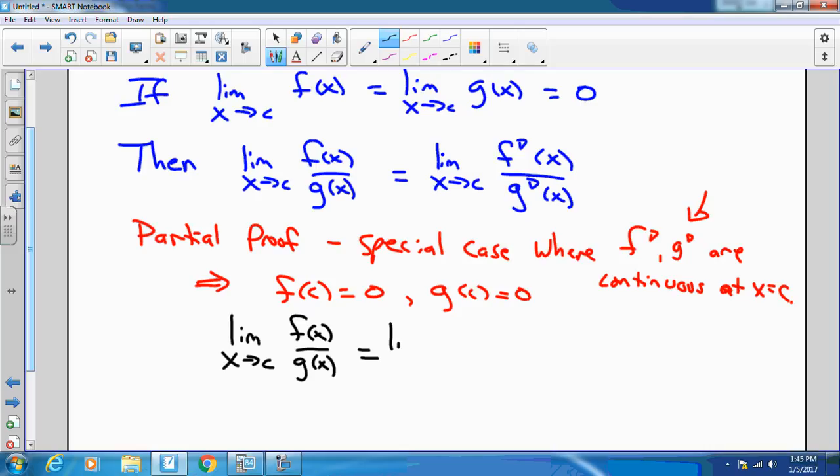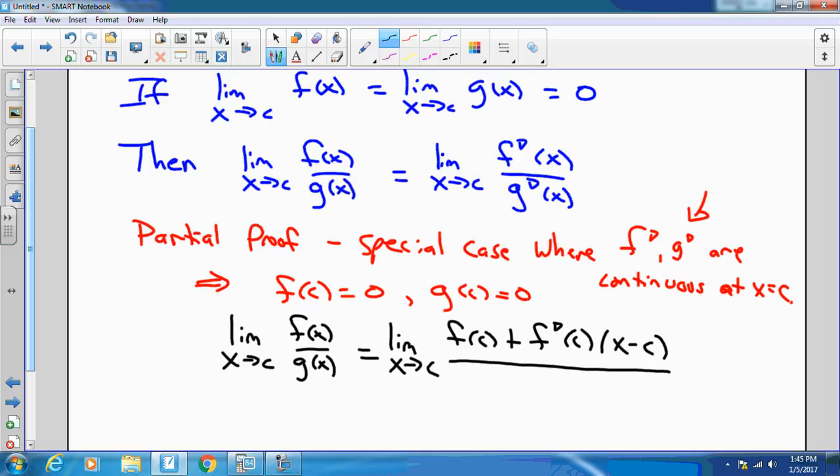And therefore, I can replace f with its tangent line, f of c plus f prime of c times x minus c. And I can replace g with its tangent line, g of c plus g prime of c times x minus c. And what justifies this is that we're talking about x close to c, because that's what a limit is.